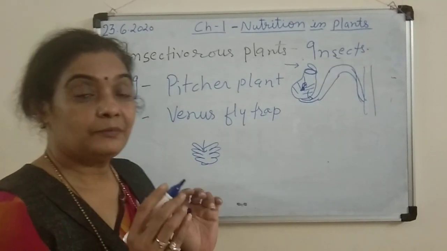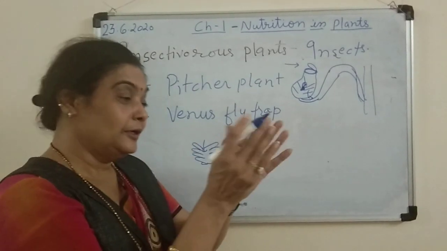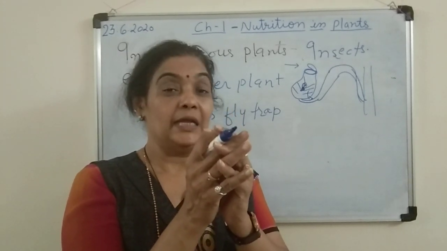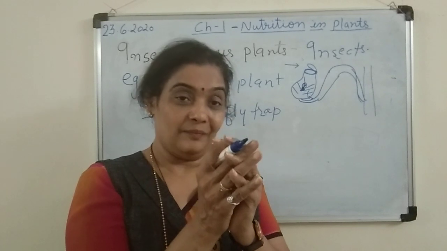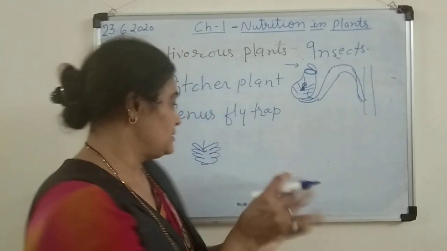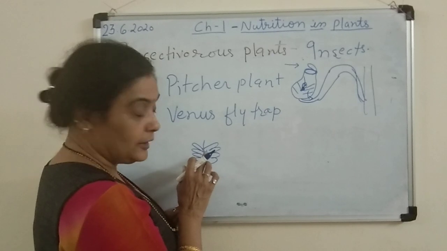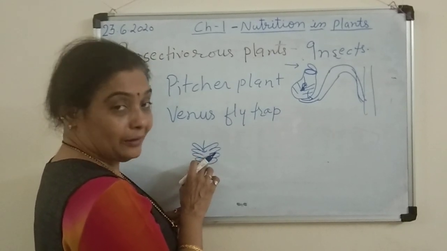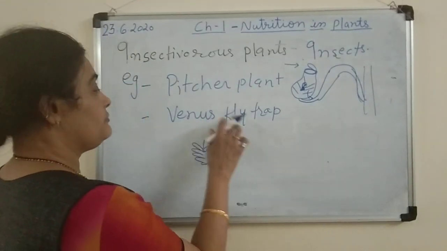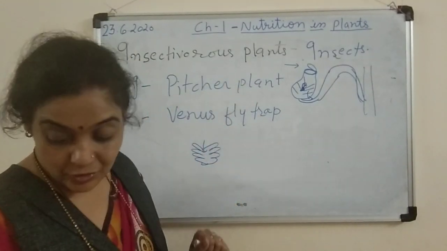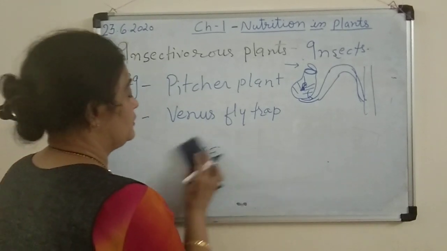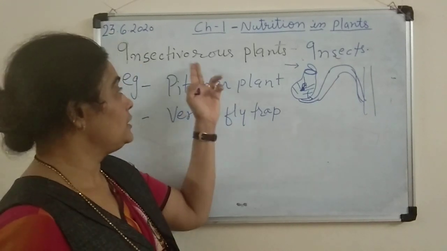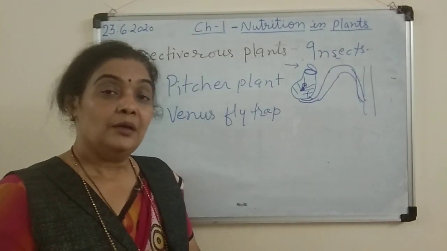It snaps shut, and the interlocked fringe prevents the insect from escaping. Then again the same process, digestive juices are secreted and they are taken by the plant. This is how Venus flytrap and pitcher plant take nutrition by catching insects, and that method is known as insectivorous.